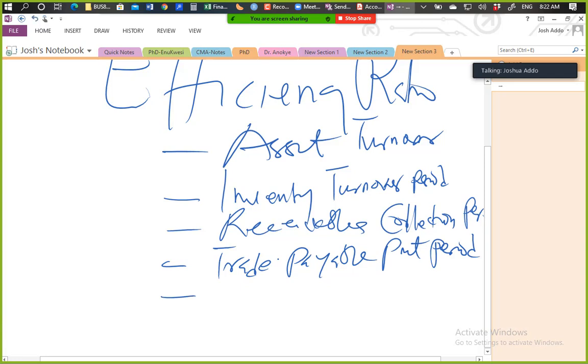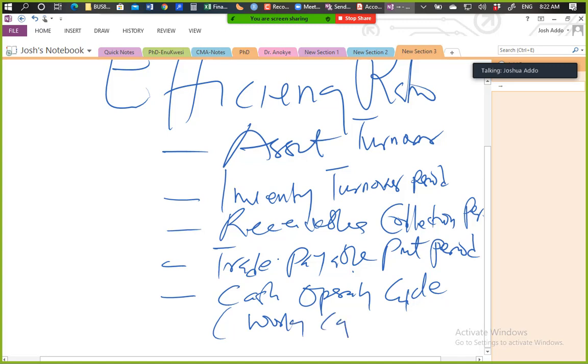We will also be talking about the company's cash operating cycle, also known as working capital cycle.